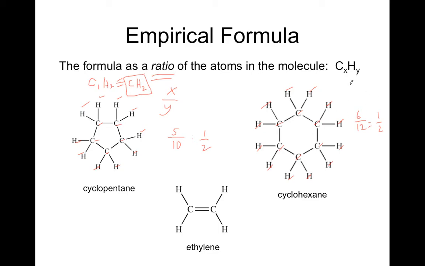So the empirical formula for cyclohexane is also CH2. Well, let's do another one. 1, 2, 3, 4, and 1, 2. Oh my. It looks like the empirical formula for ethylene is also CH2.